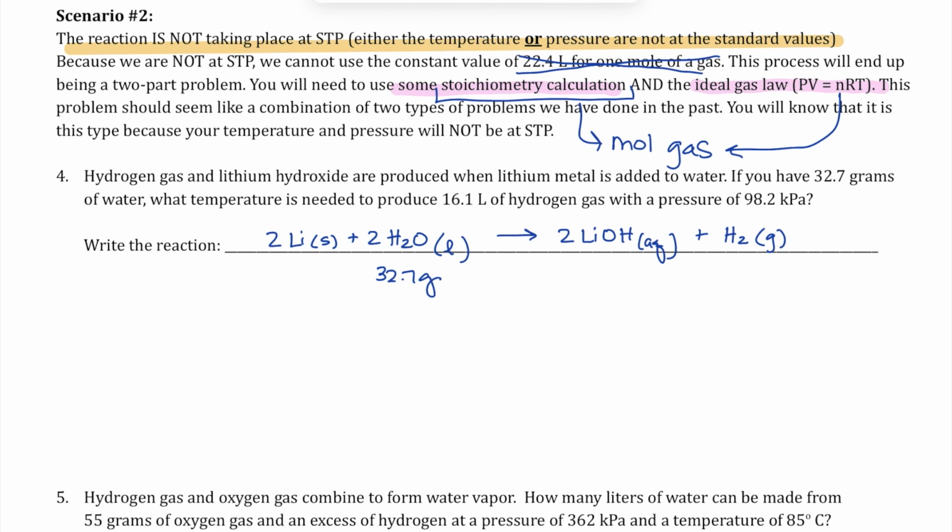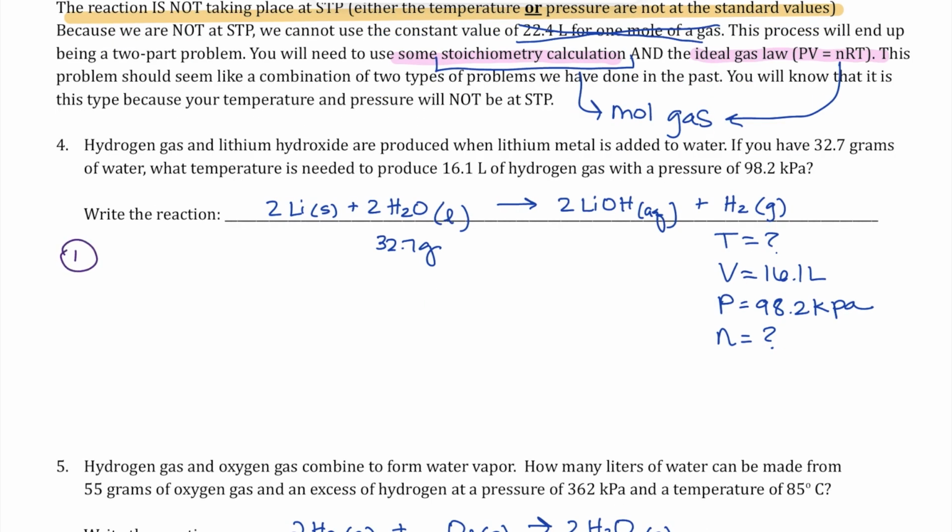I know that I'm looking for what temperature is needed to produce, well, the gas is going to be able to change volume, 16.1 liters, with a pressure of 98.2 kPa. In order to get to that temperature, we are going to need to do stoichiometry to find something. And that something we need to find is moles. Remember that n, the variable, is moles.